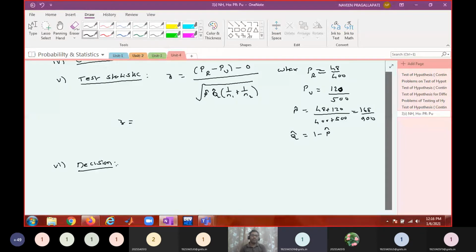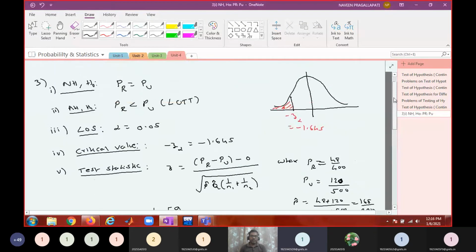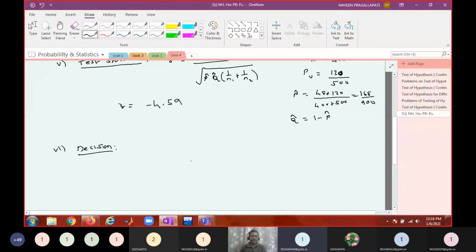Minus 4.59. So minus 4.59 is much lesser than minus 1.645, so reject H naught at 5% level of significance.